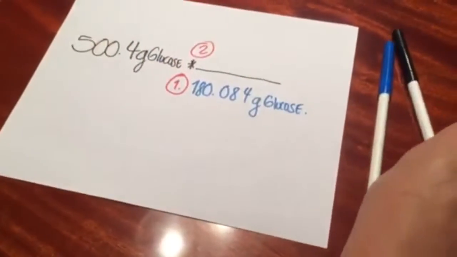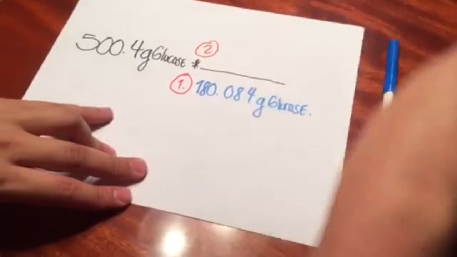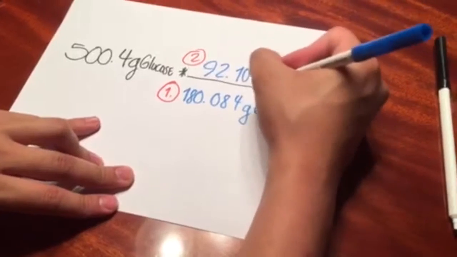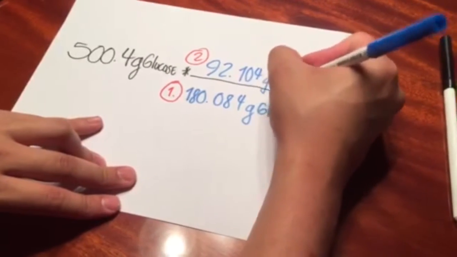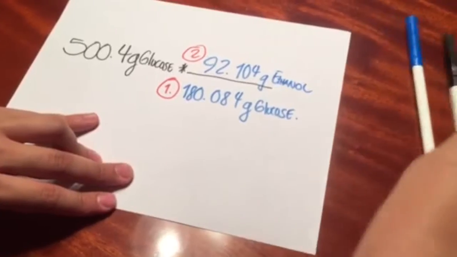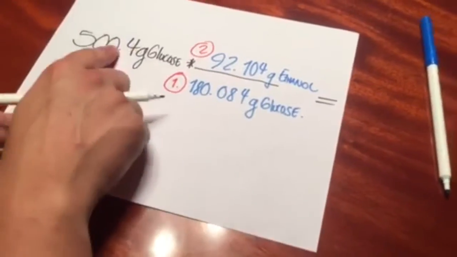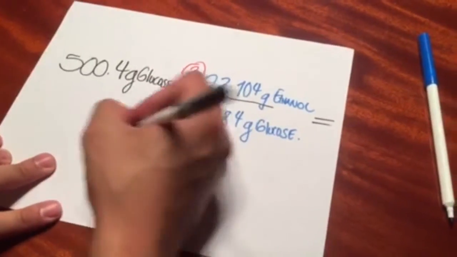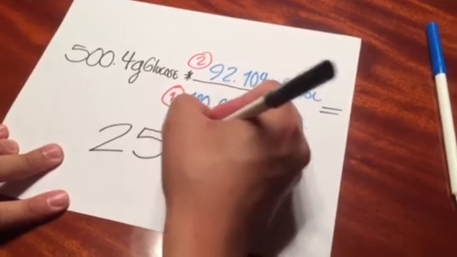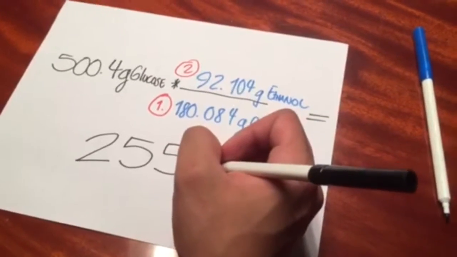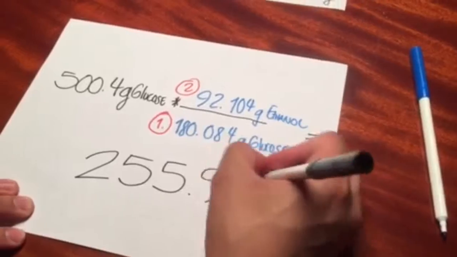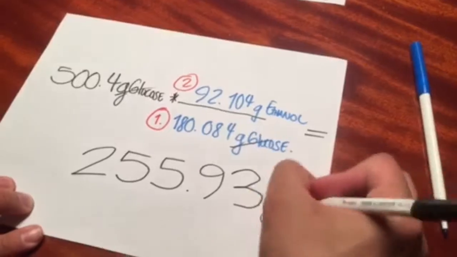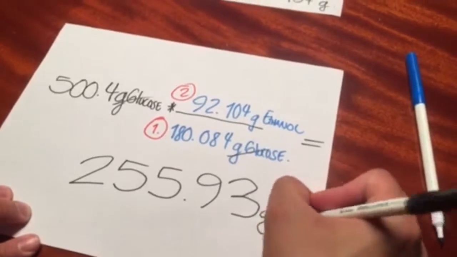The number 2 is the molecular mass for ethanol, that will be 92.104 grams of ethanol. So you use your calculator, you divide this one by this one, and you multiply it by this one, and that will give you 255.93. You eliminated this, and it gave you grams of ethanol.